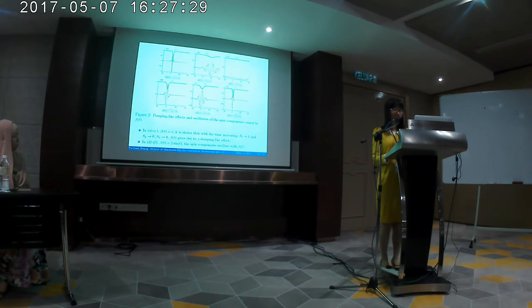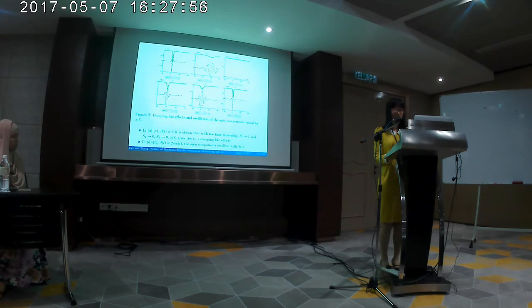The second figure shows the damping-like effects and the oscillation of the spin components caused by beta t. In figures A, B, C, beta t equals t. With time increasing, S1 tends to 1, and S2 tends to 0, S3 tends to 0 too.